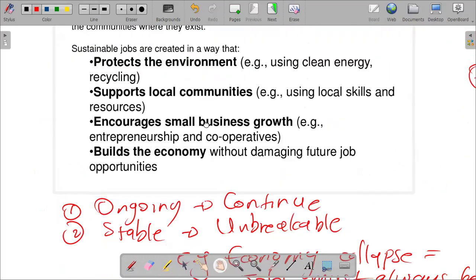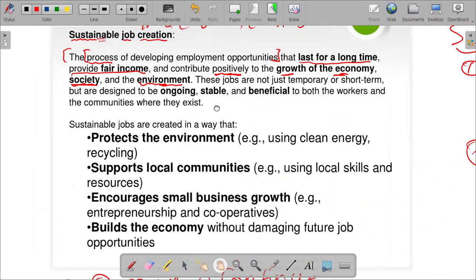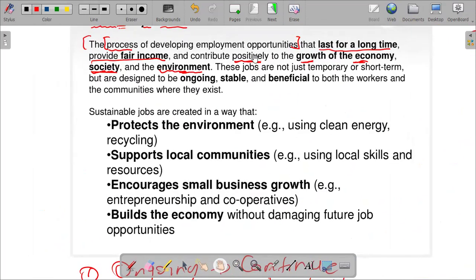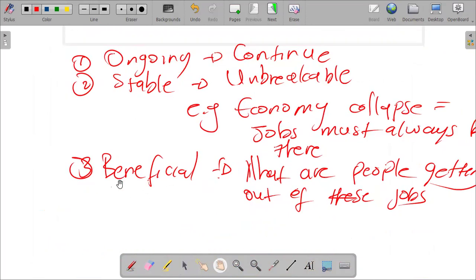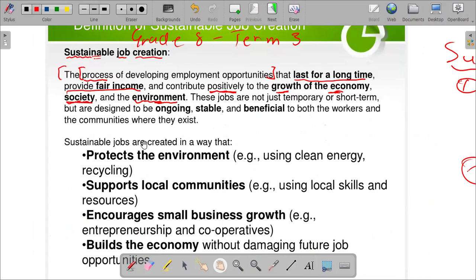What kind of opportunities are they providing? Are they beneficial? And when we talk about fair income, are people getting as much money as they should? So that's another benefit that could come out of these jobs. Number one would be the opportunity. Number two, the income or the money that they are getting.